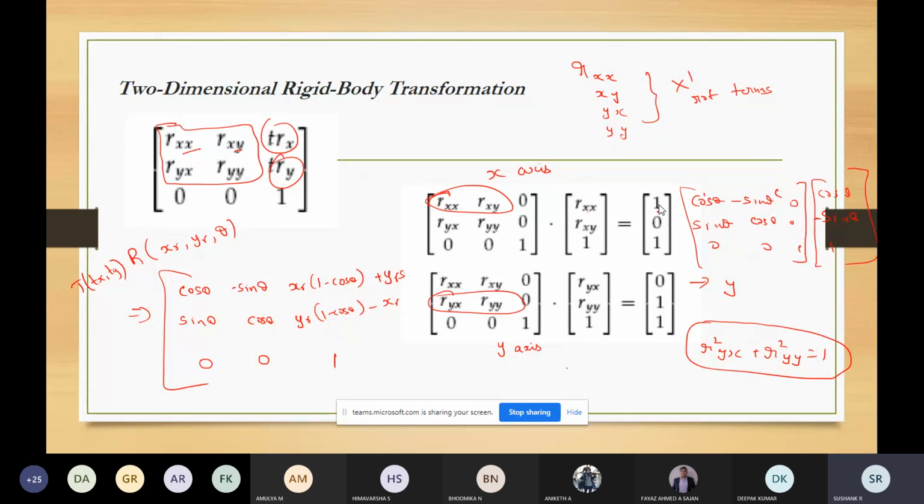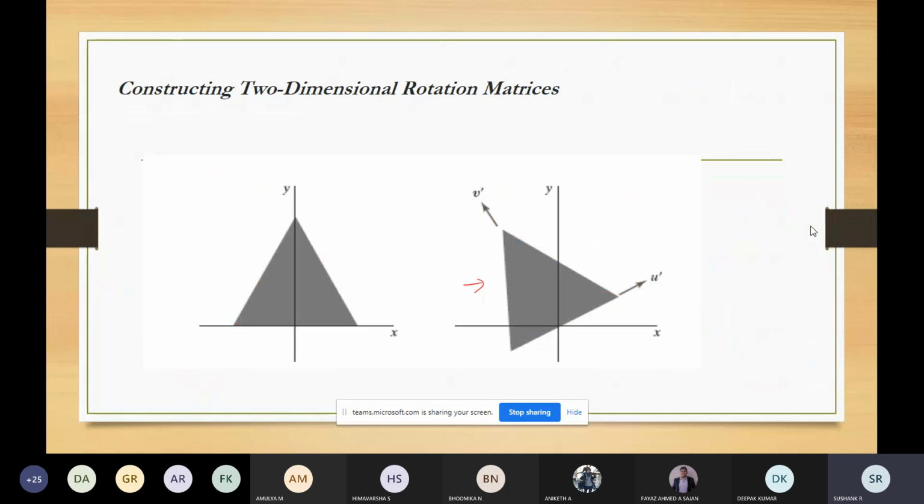This is also an example where the first unit vector along the x-axis takes the value cos theta, minus sin theta, and the second unit vector takes sin theta and cos theta. If you verify, cos square theta plus sin square theta will always be 1. So this is an example of this 2D rigid body transformation.